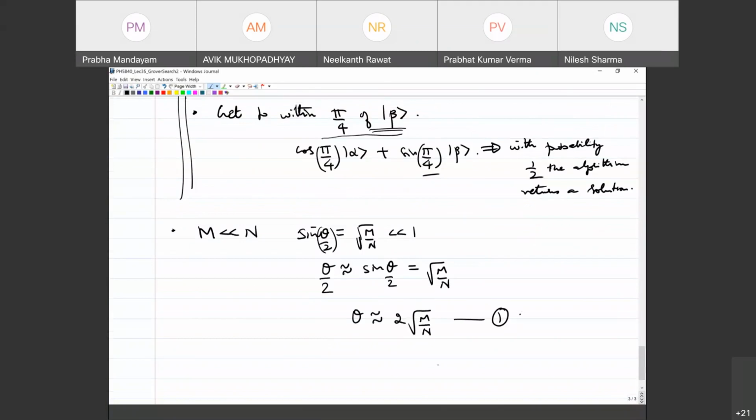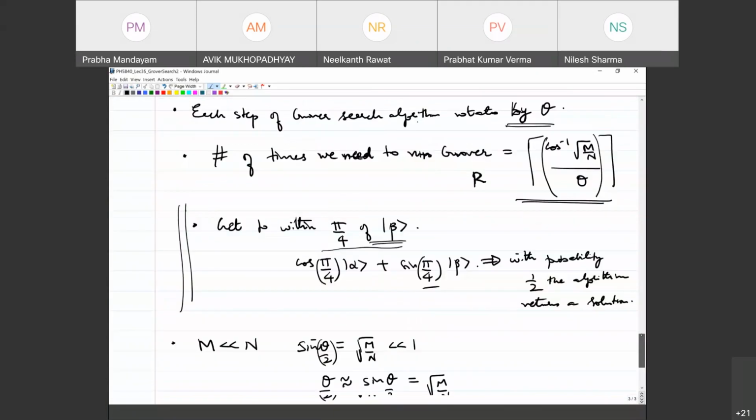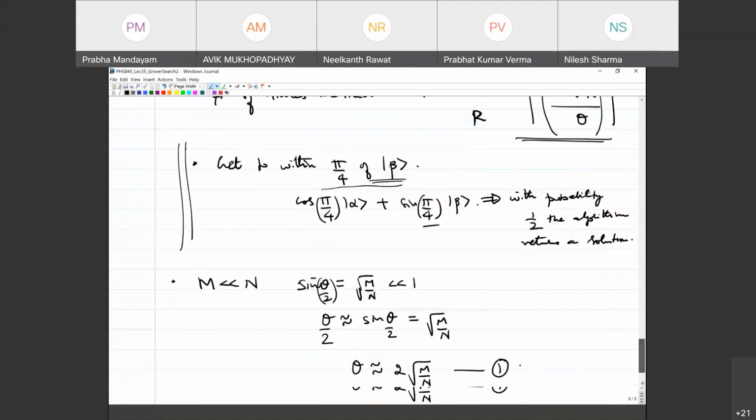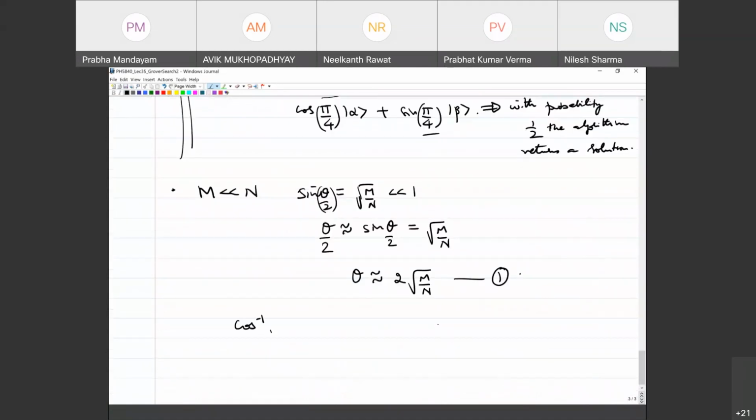How do we now bound this r? So this cos inverse square root m over n is less than or equal to pi by 2.